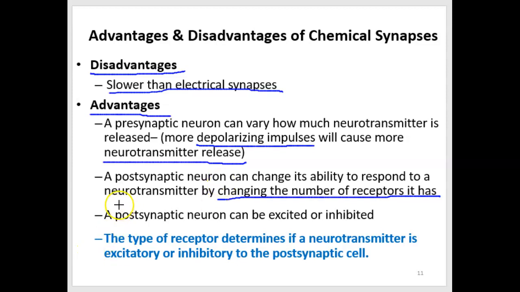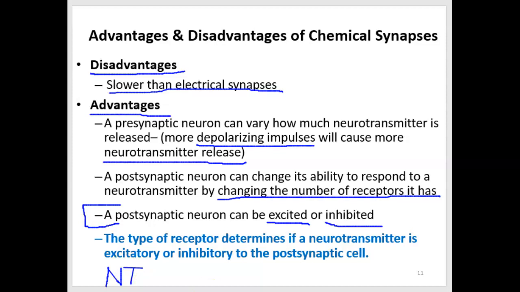Another big advantage not seen in an electrical synapse is that the postsynaptic neuron might be excited by a neurotransmitter or inhibited by a neurotransmitter. Now, this depends in part on which neurotransmitter we're talking about. Okay, I'm just going to abbreviate neurotransmitter NT.